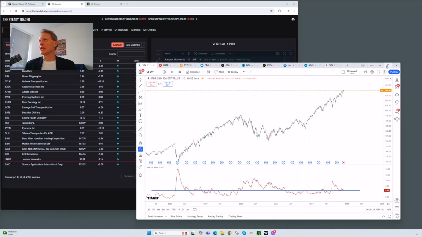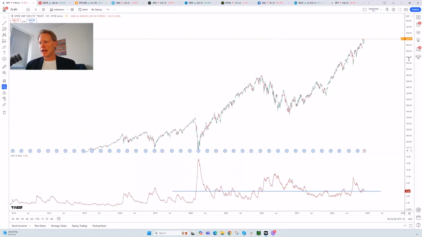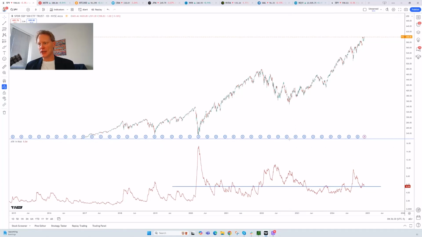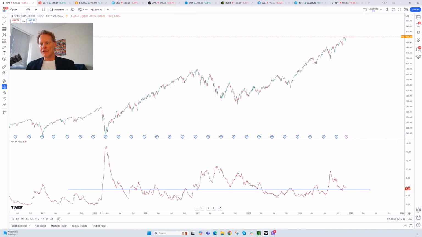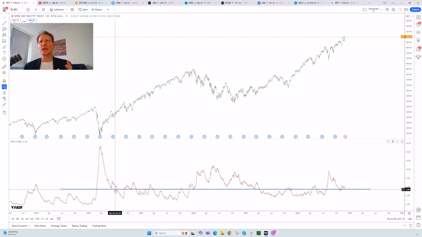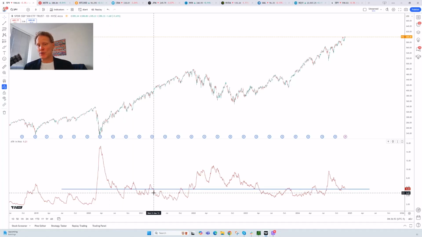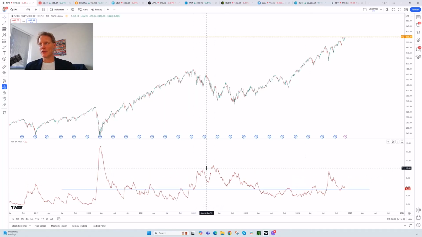And so when I look at the average true range of the S&P 500, for example, right now, which is depicted at the bottom pane here in this red line, you can kind of see that if we look back to the past few years, we have found sort of an equilibrium of average true range, or of volatility, around that blue line where we're at right now, meaning we've had smaller or tighter trading ranges or lower volatility, but we've also had a lot higher volatility.